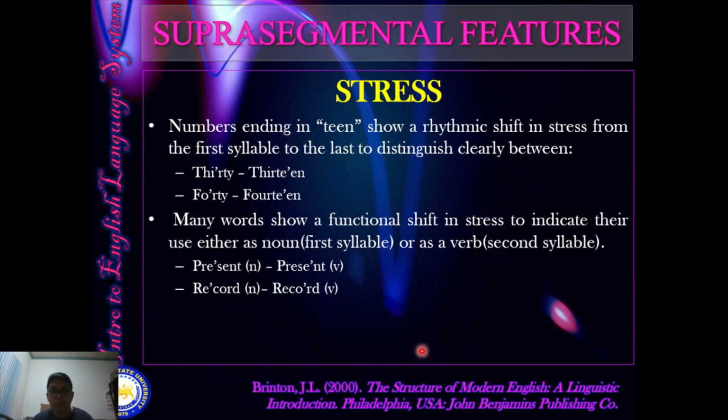Also, many words show a functional shift in stress to indicate their use either as a noun, first syllable, or as a verb. And this is also very important, class, because we usually see words with the same spelling but with different meanings, depending on how they are used.